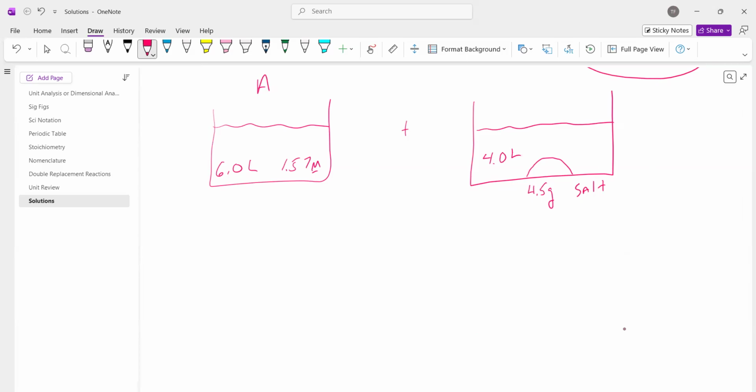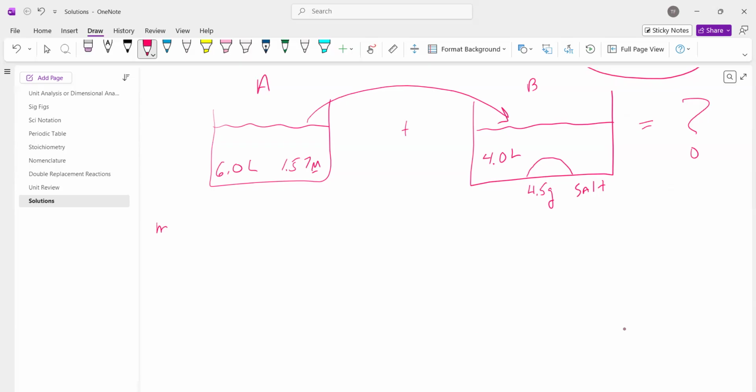So in A, we have a solution. B, we created a solution by adding 4.5 grams of salt with a final volume of 4.0. So if we add them together, it's the same process. Moles plus moles, volume plus volume.